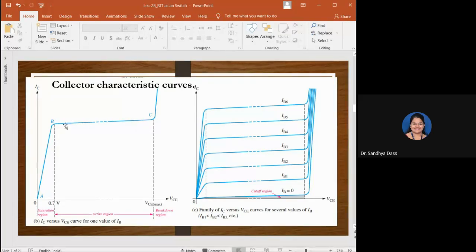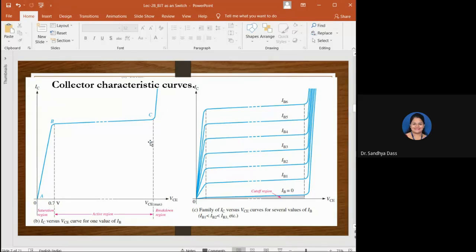Now observe, if you vary VCE further, there is a breakdown region, and there is a tremendous increase in the collector current. This should never happen. VCE maximum should never be reached in operation. That is the breakdown region.